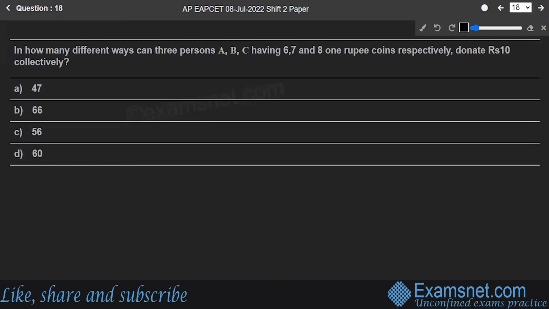In how many different ways can three people, A, B, C, having 6, 7, 8 one rupee coins respectively donate rupees 10 collectively? So total number of ways, let's write it down.